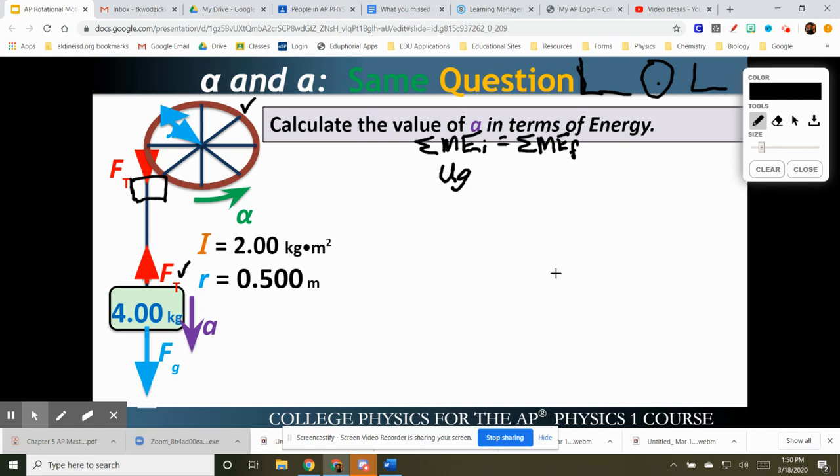Oh, by the way, the wheel is not moving initially. So are there any other initial energies? Do we have any spring potential energy? Do we have any kinetic energy in the wheel?